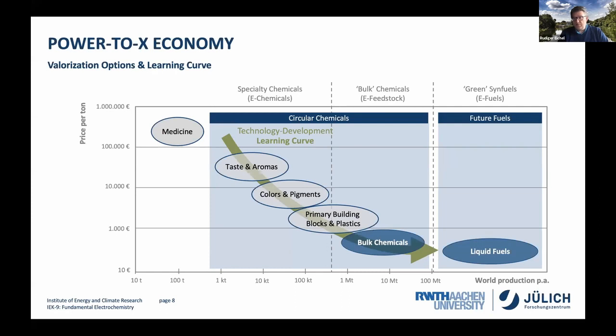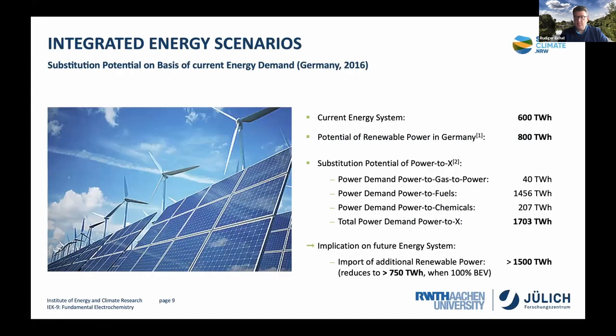So this is by far the biggest market. So it has the ability of the highest CO2 reduction, but clearly it's the hardest market because the valorization is quite small as compared to the chemistry sector.